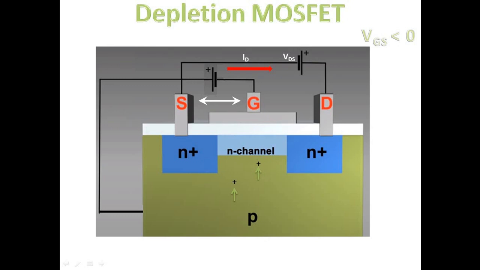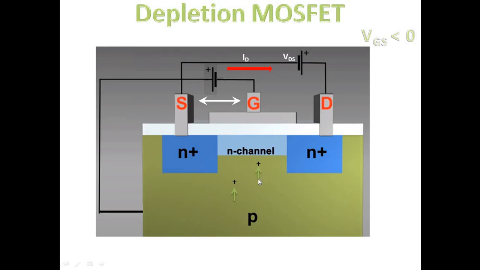Now let us talk about VGS less than 0. So now you can see that I have connected a battery where the negative side is connected with the gate. So VGS is made negative. So now your gate is at a more negative potential compared to your source. So in this situation, what happens is my gate is now negative. Thus, instead of attracting the electrons from the p-type substrate, it starts attracting the majority carriers. Those are the holes, right?